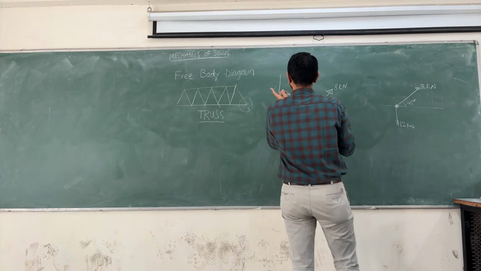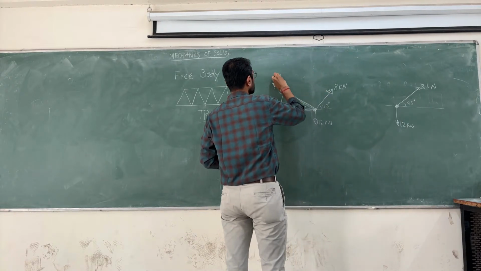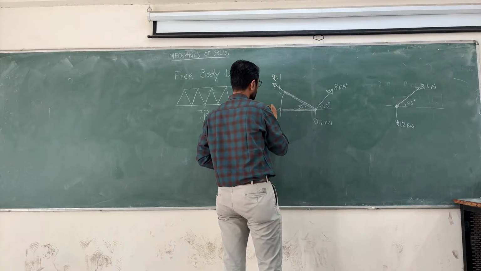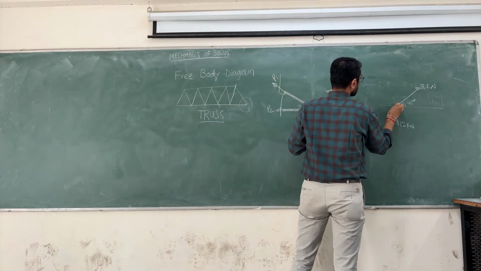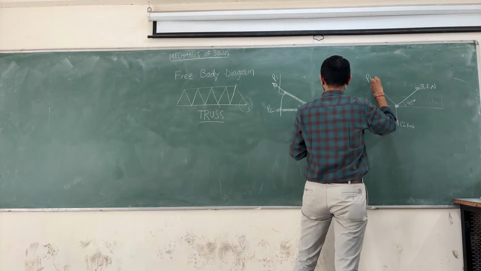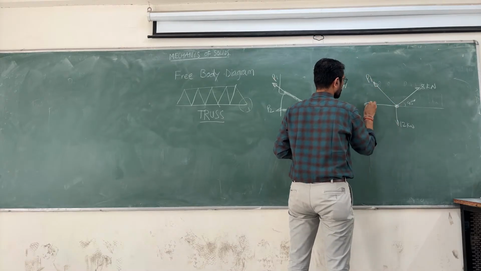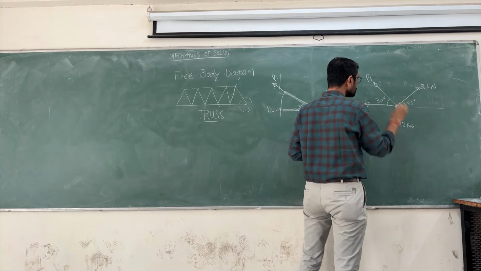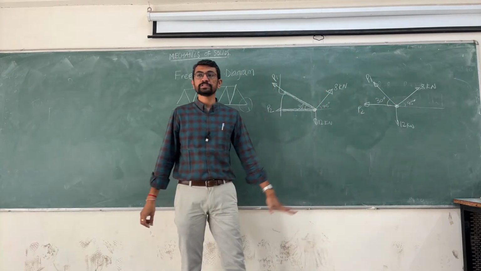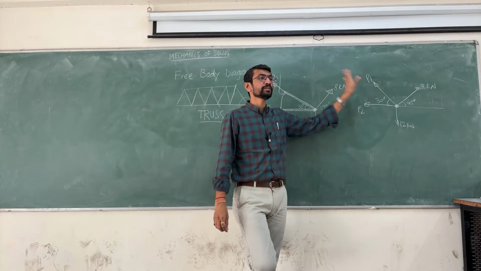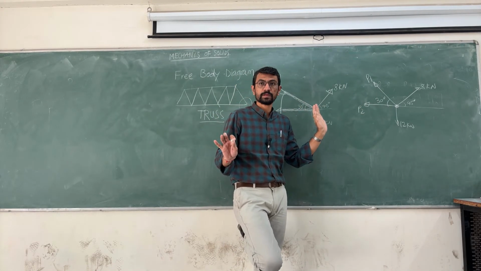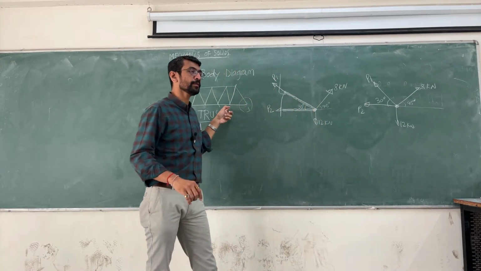Then this is unknown P1, this is unknown P2. This angle is given 30 degrees. So this is the free body diagram of this system, which is in equilibrium. You know that the truss is in equilibrium.